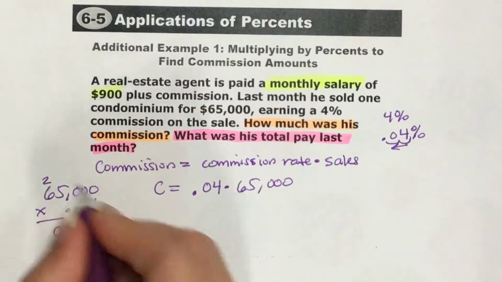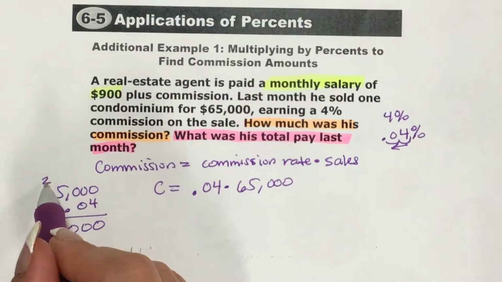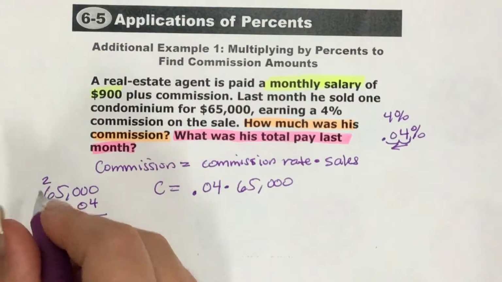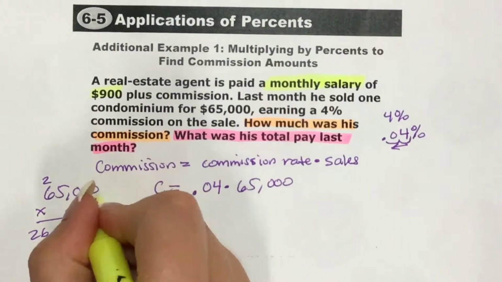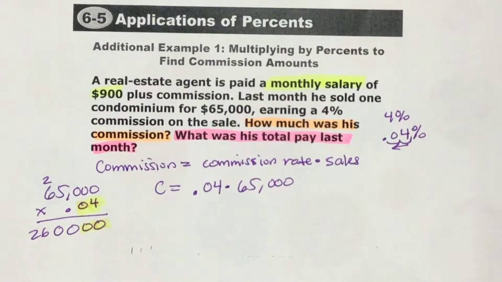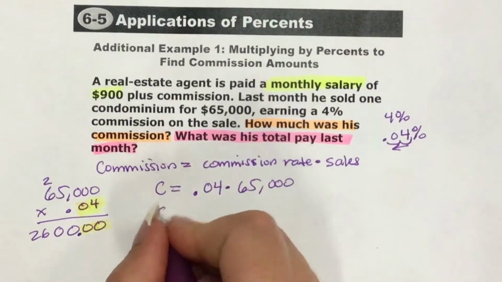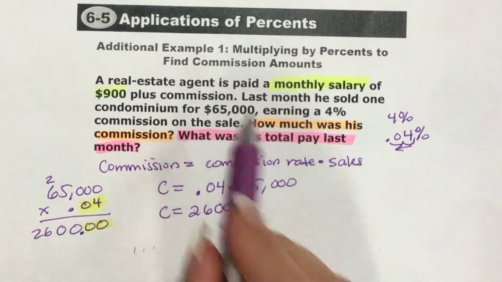Write the 0, carry the 2. 4 times 6 is 24 plus 2 is 26. Then I just need to count up the decimal places. There are 2 decimal places here, so my answer needs to have 2 decimal places. So 0.04 times 65,000, the commission earned was $2,600 for selling that house.